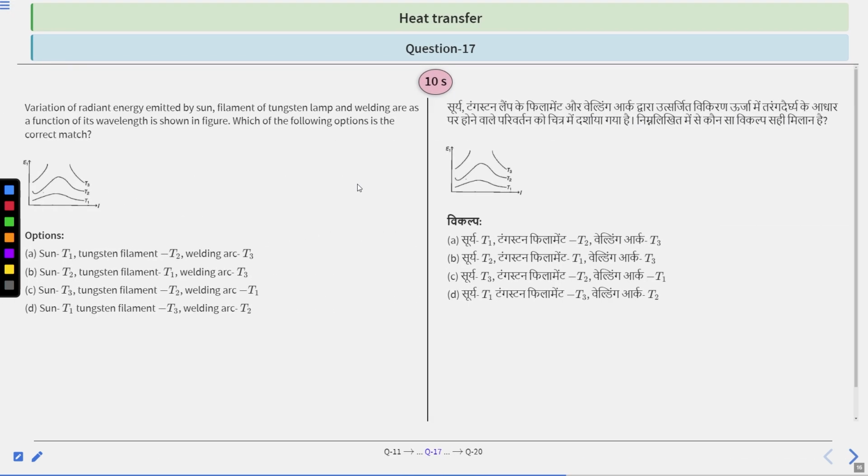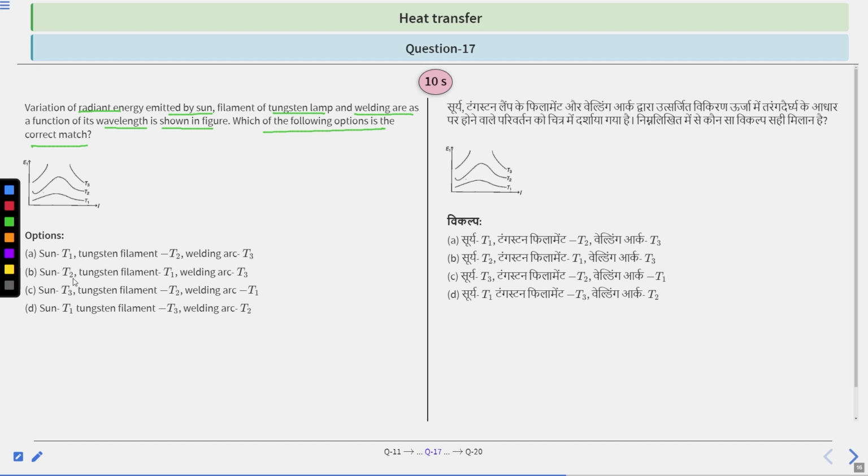Question 17. The variation of radiant energy emitted by the sun, a filament of a tungsten lamp and a welding arc as a function of wavelength is shown in the figure, at temperatures T1, T2 and T3. Which of the following options is the correct match? Option A, sun T1, tungsten filament T2 and welding arc T3.